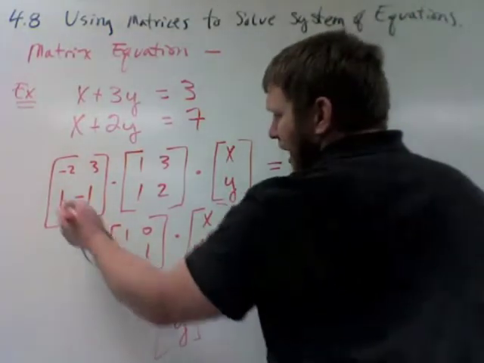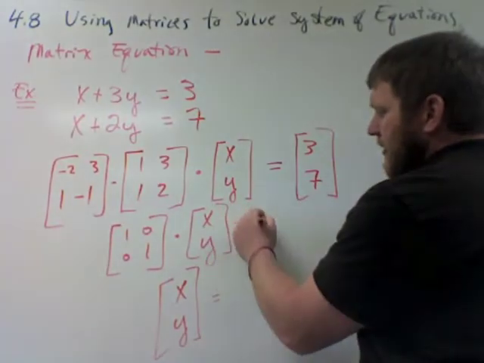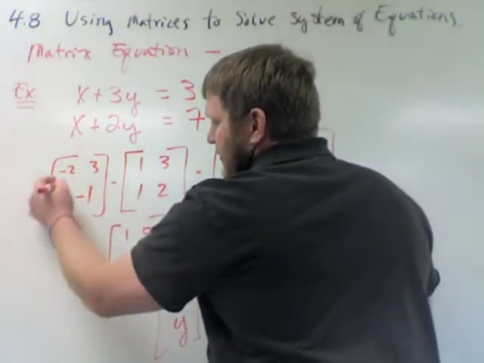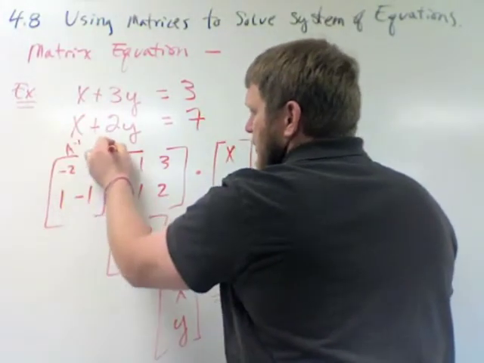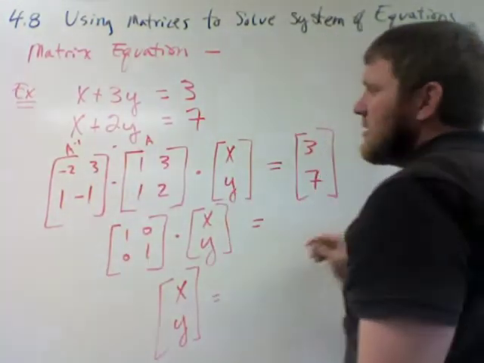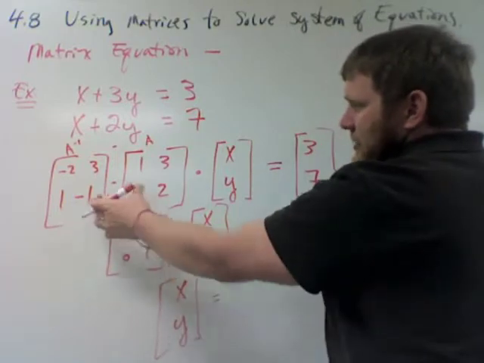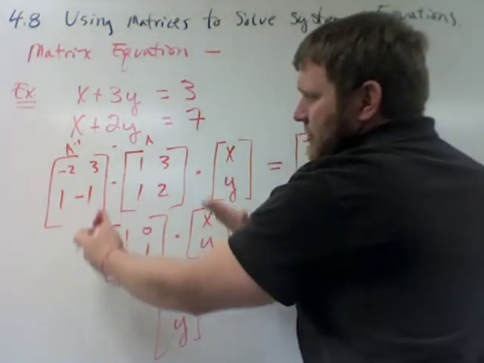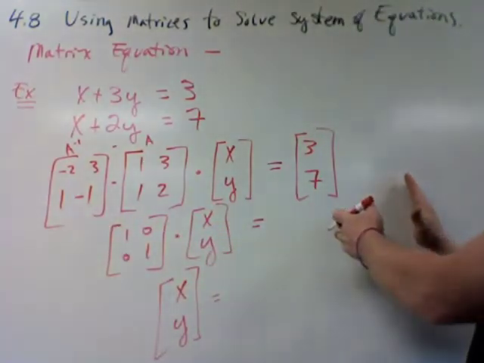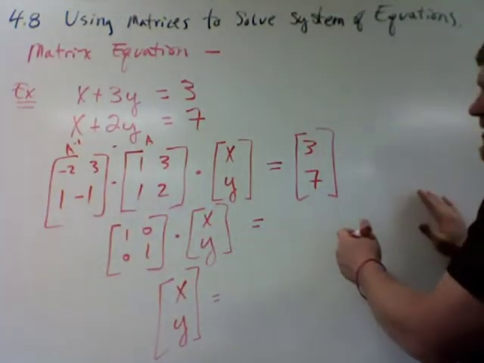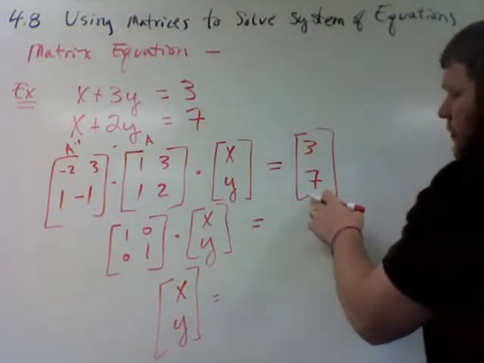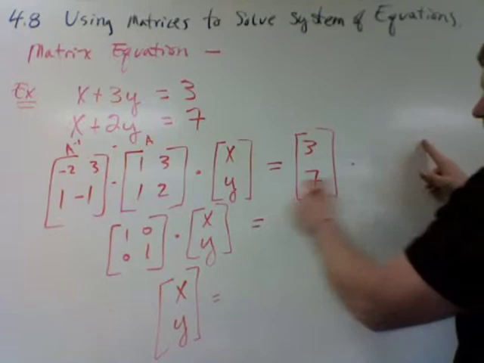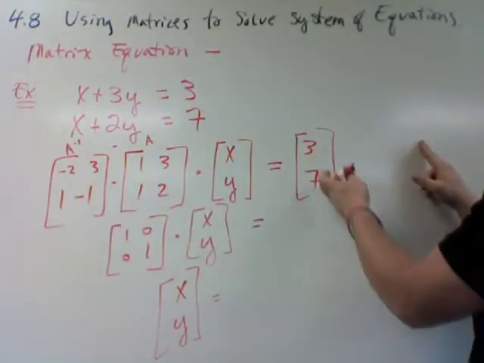Back up here, this is all on the left side, if you haven't noticed. I multiplied this side by A inverse. This is A inverse times A, and now I get the identity. If I multiply one side of an equation times something, I also have to multiply the other side by that same thing. I have to be particular about the order, because if I just put this matrix down right here, it wouldn't be correct.